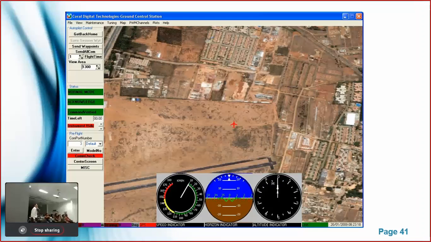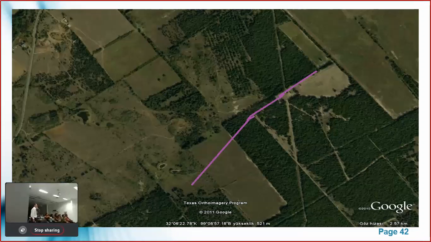Another ground station is used for the CanSat rover to determine the position of the CanSat every moment. This is a picture of the map for the Texas competition that shows the direction of the points of the CanSat, followed by the purple line.